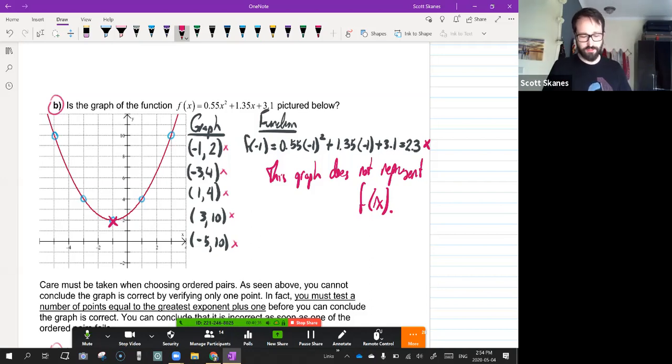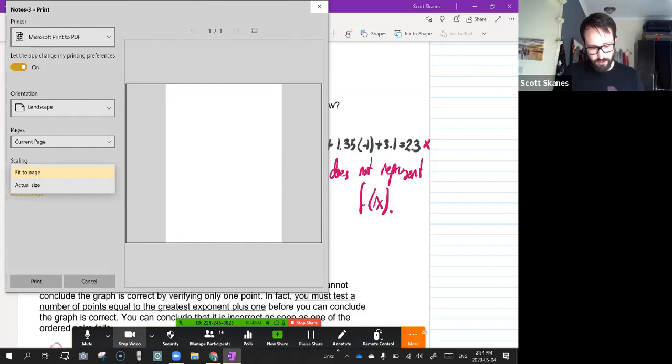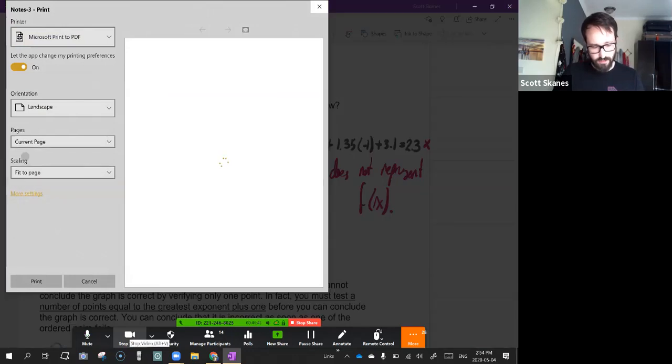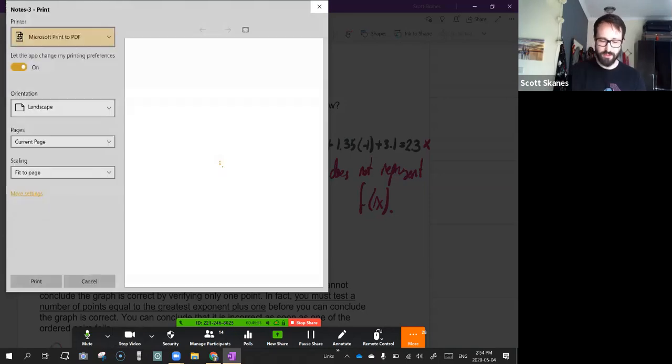The problem with this program, OneNote, is that when it prints, I have very little, I'll just show you. This is what I go through. I try to print these notes so that you can see them online, of course. But let me show you what happens. When I print them like this, it has very limited options. It cuts off half the page and all sorts of crazy stuff, okay?